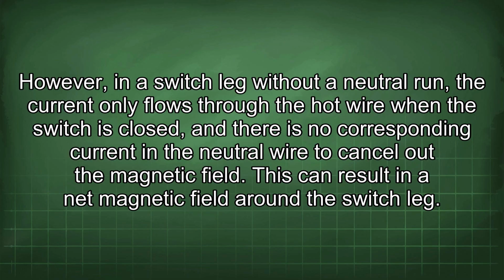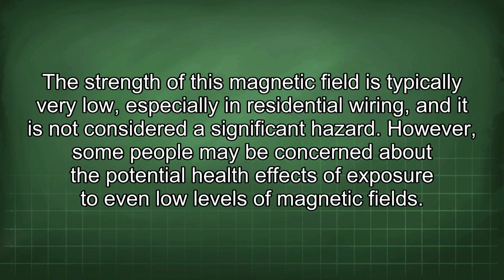However, in a switch leg without a neutral run, the current only flows through the hot wire when the switch is closed, and there is no corresponding current in the neutral wire to cancel out the magnetic field. This can result in a net magnetic field around the switch leg. The strength of this magnetic field is typically very low, especially in residential wiring, and it is not considered a significant hazard.